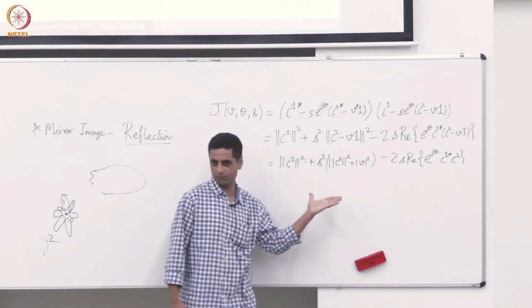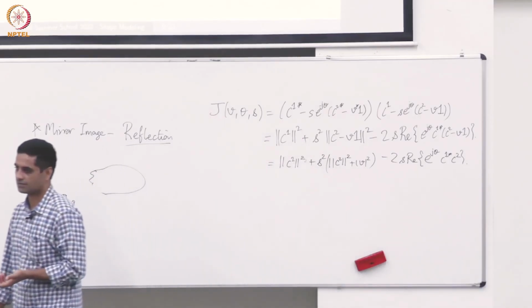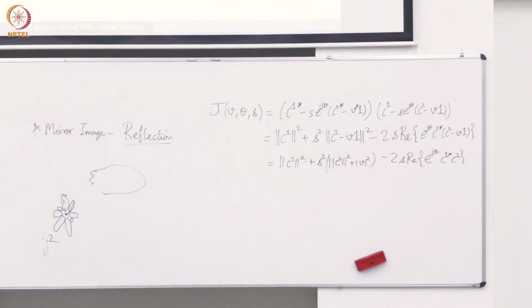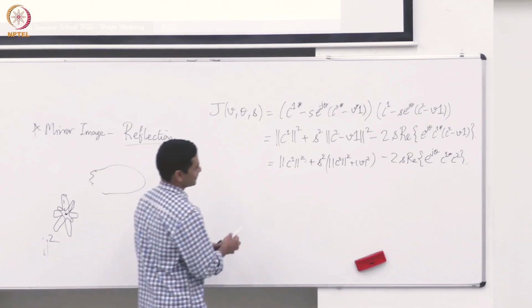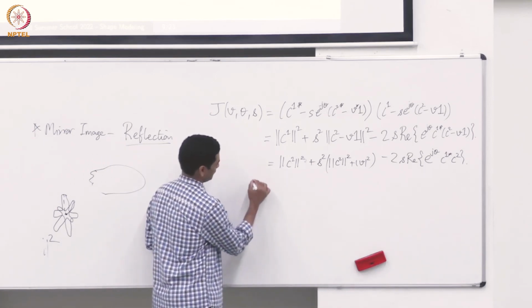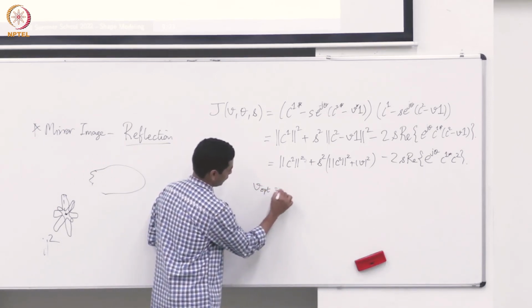That's the only term where v remains, so that this happens. That is exactly what we have concluded, right? So v optimal therefore is 0.